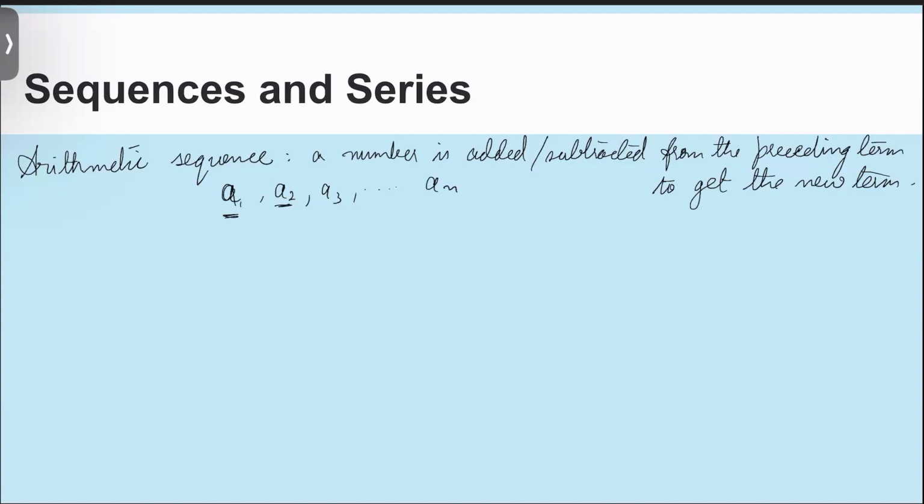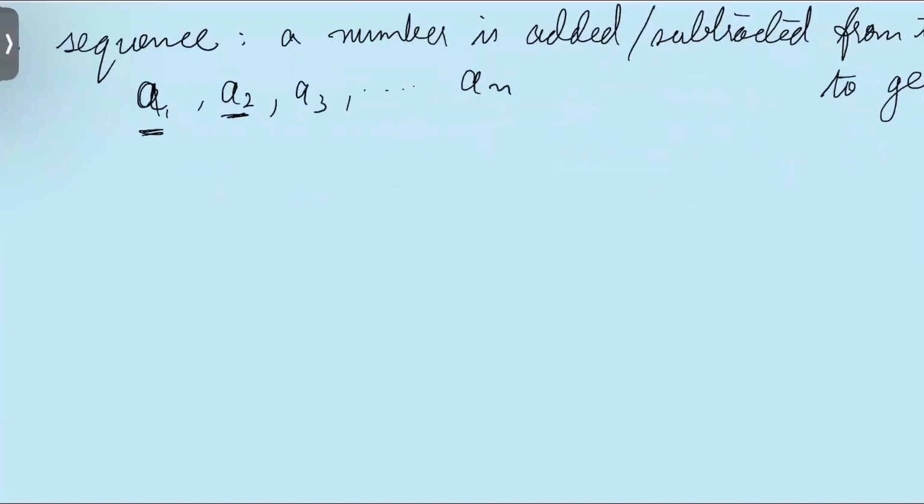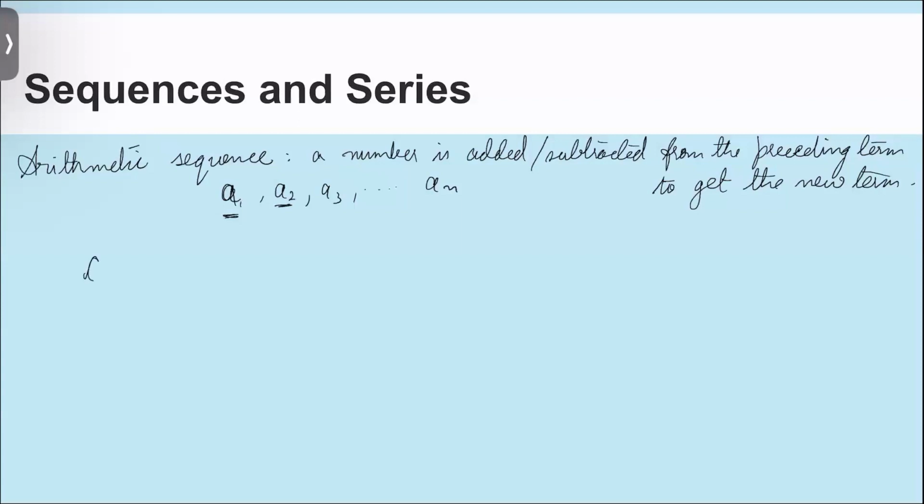So in other terms, we can say that there exists a quantity called the common difference. This you can write as D, and this equals A2 minus A1. So that means A2 will be A1 plus D. This D is added to each and every preceding term.